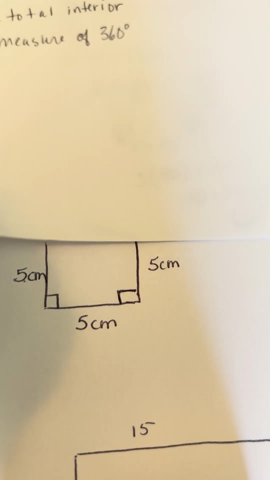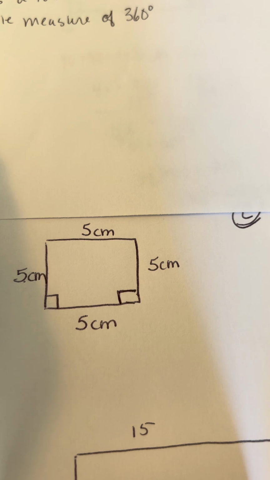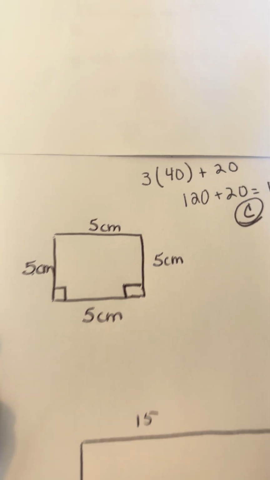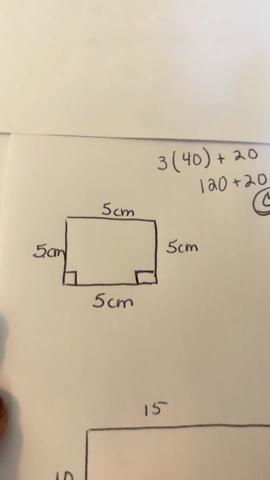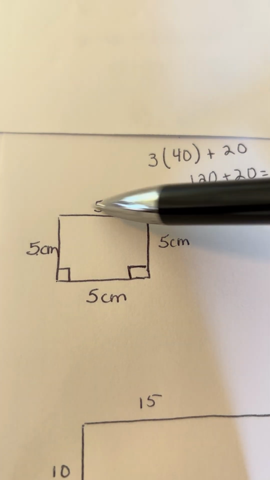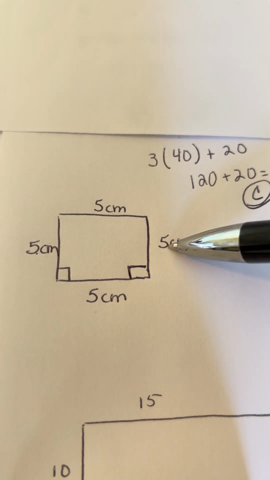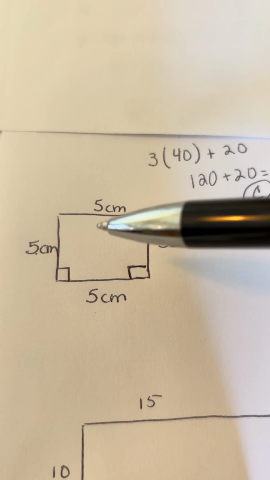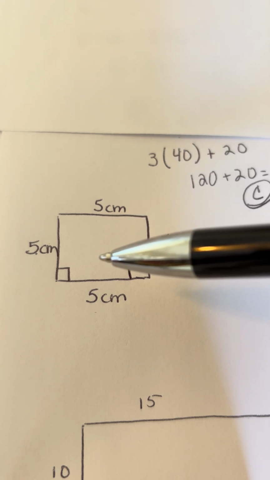Okay, now I am looking at number 13. So 13 has got a figure, and they tell us that this side, this side, this side, and this side is 5 centimeters. So at this point, I've got 4 equal sides. It's either a rhombus or a square.